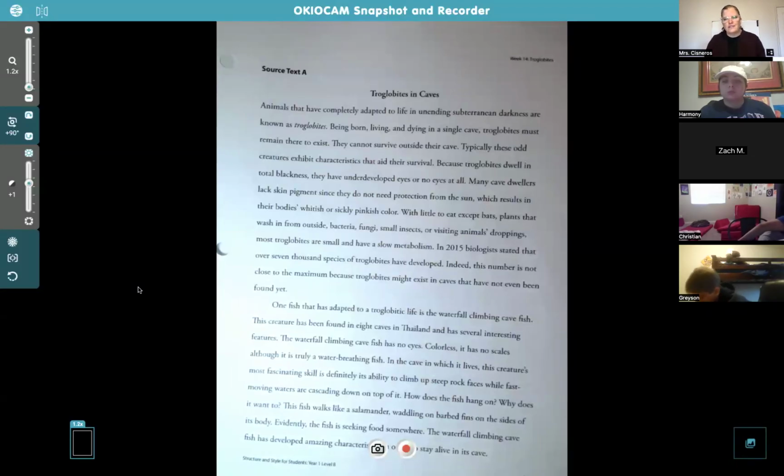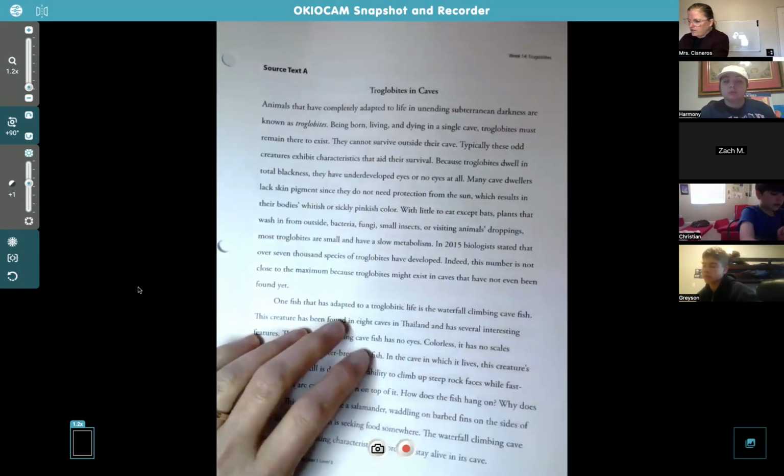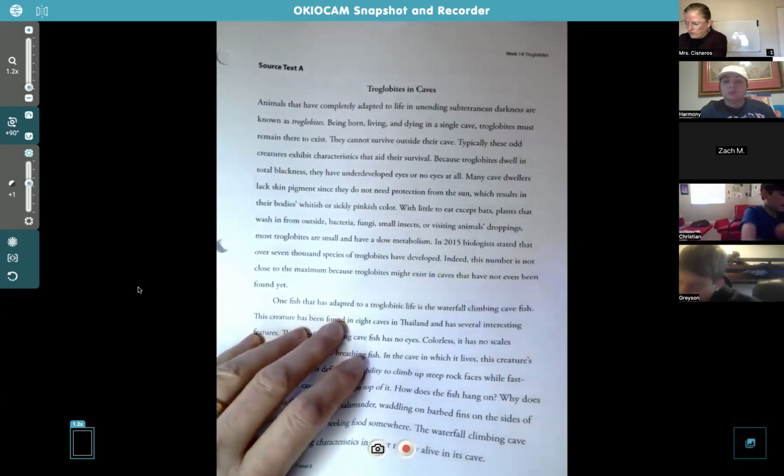But I know this is introducing troglobites. This paragraph is introducing what they are and a little bit about their bodies. We heard about their eyes and maybe what they eat. So this is more like an introduction to what these animals are. I'm going to call this general. It's more general information about troglobites.